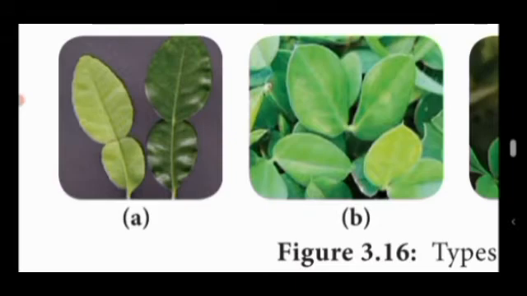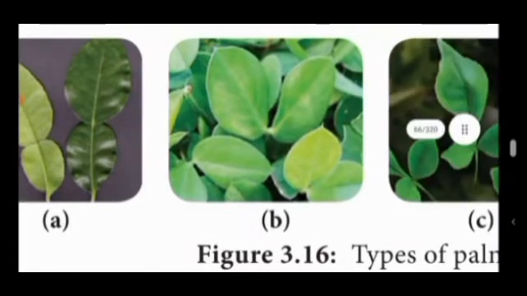The next is bifoliate compound leaf. When there are two leaflets attached to the petiole, it is said to be bifoliate. Examples: Bauhinia, Hardwickia binata, and Zornia diphylla.